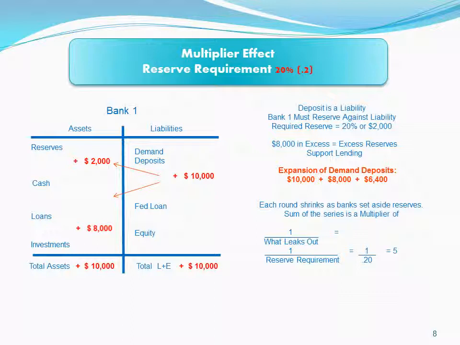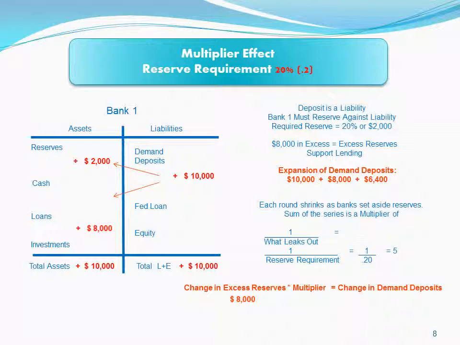So any shock in the system, any increase in excess reserves, can hypothetically increase 5-fold as it moves through the system. All right, so it's the multiplier times our excess reserves. I'll take a look at that. The change in excess reserves here is 8,000. I know the initial deposit was 10, but we had to set aside 2.